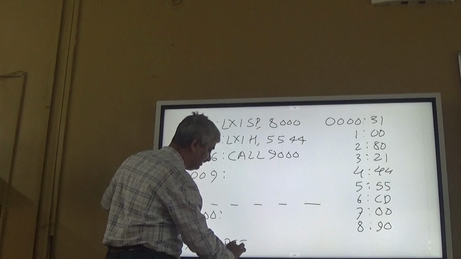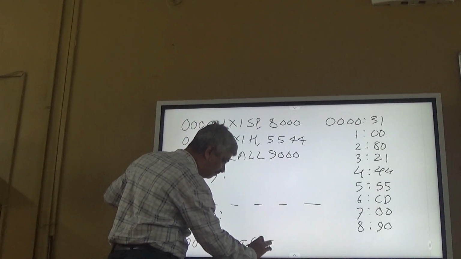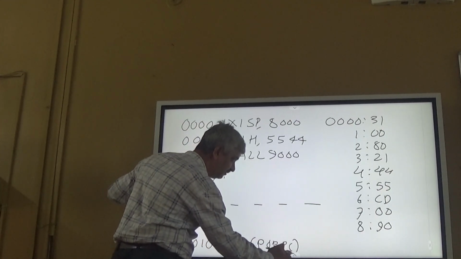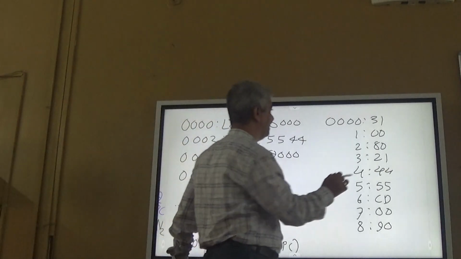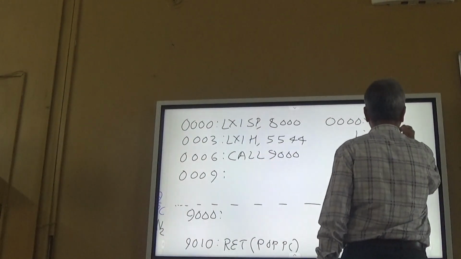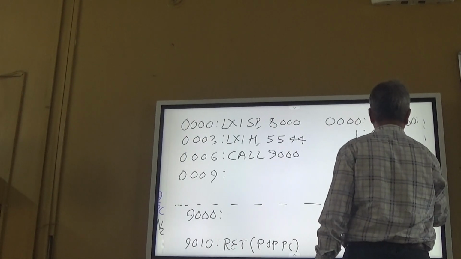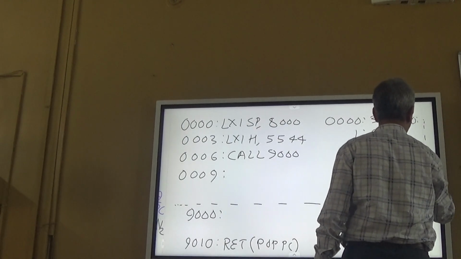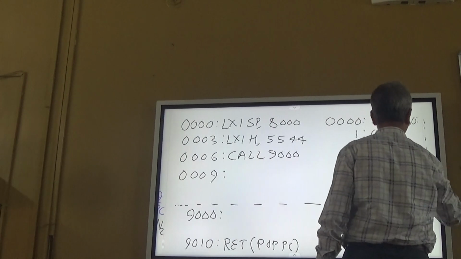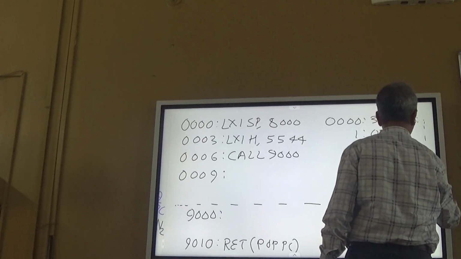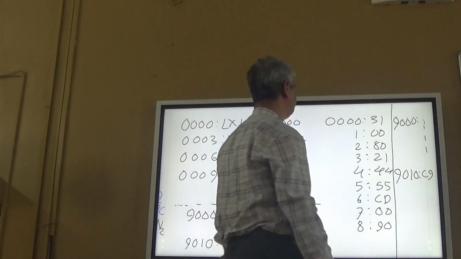Return, RET, it is as good as POP PC. So from 9000 onwards, whatever it may be, and at 9010 we have C9 as the opcode of return.